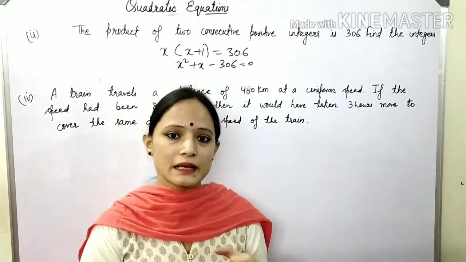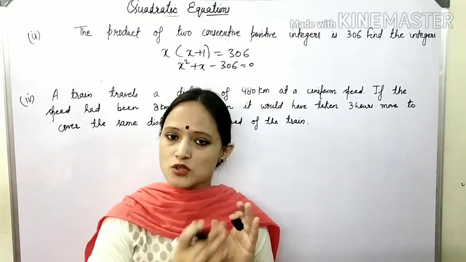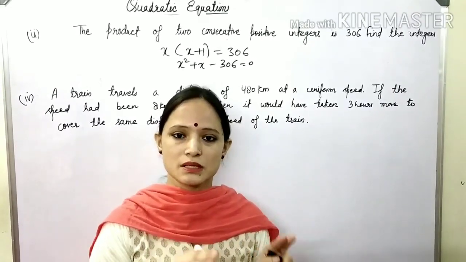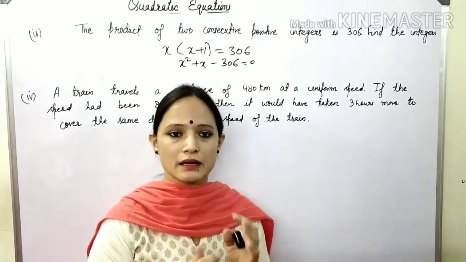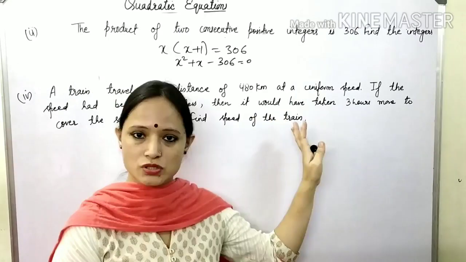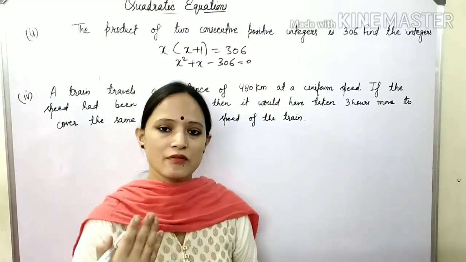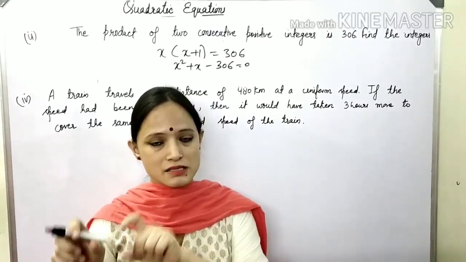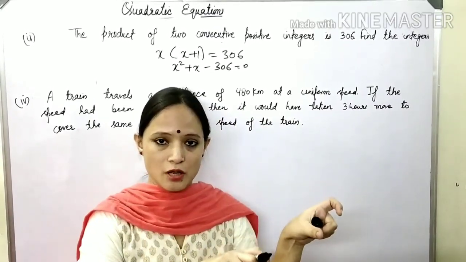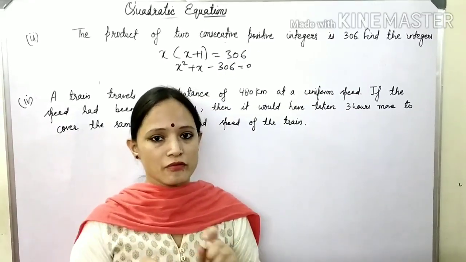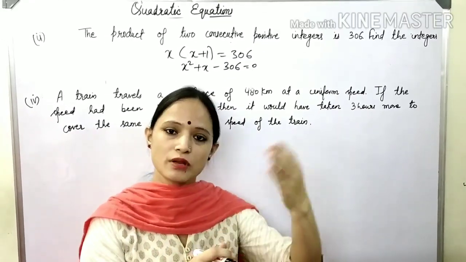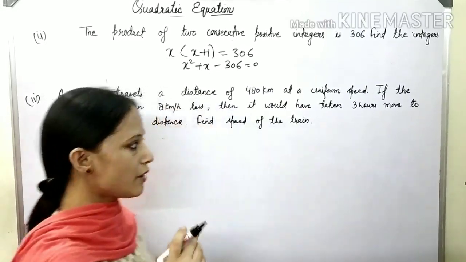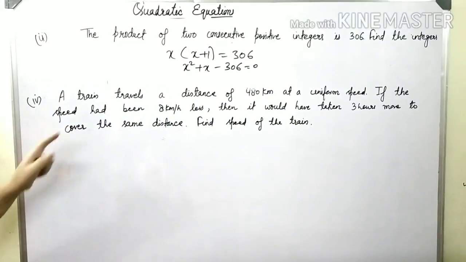Suppose you have taken two variables in the beginning and you are thinking that it is of linear equations in two variables, you will automatically find that the other variable which you have taken is depending upon the first variable. So you will get a quadratic equation if the question is of quadratic equation. If it is of linear equation, then you can easily solve it as we have done in linear equations. Fine. So let us do this one.